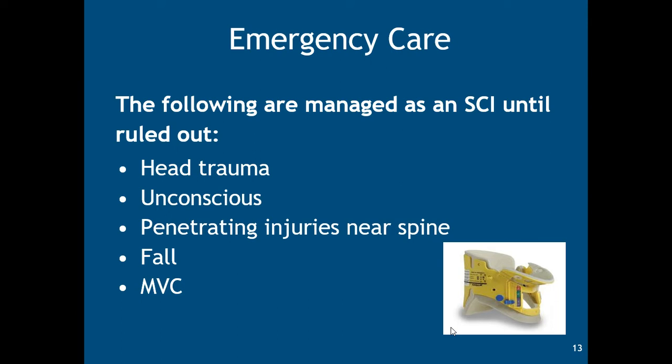And then most likely the doctor will order an x-ray of the spine, a CT scan, or an MRI, because we want to find the location and extent of damage to reveal what localized problems there are. The following are managed as a spinal cord injury until ruled out: head trauma, when they come in unconscious, any sort of penetrating injuries near the spine, if they've fallen, and a motor vehicle crash.